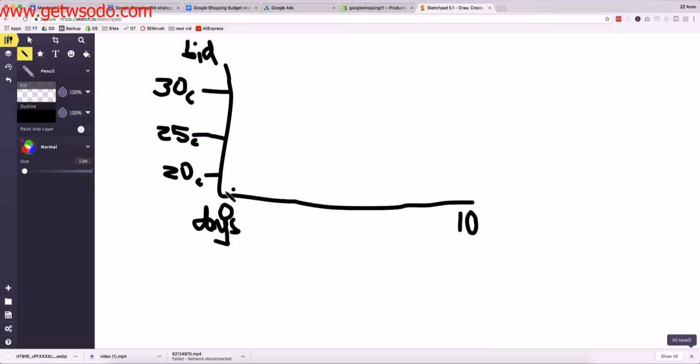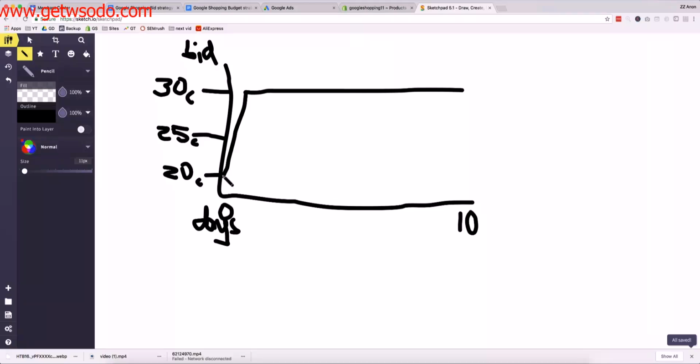Say we've got a product and we're currently bidding 20 cents on that product. On this 0 day here, we decide to increase the bid to 30 cents. What you'd assume happens is that on this 0 day we increase the bid and then the next day it's on 30 cents, and it goes like this. That doesn't happen.